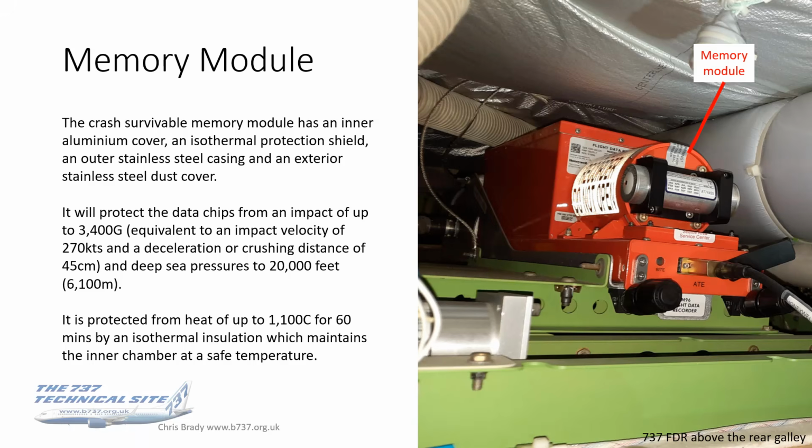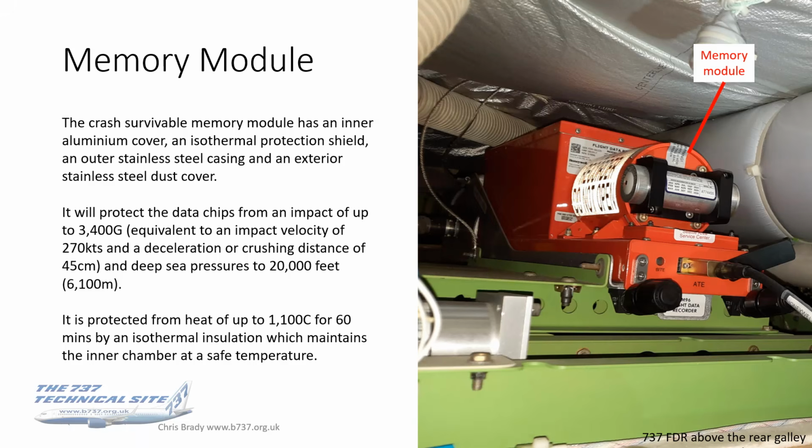The manufacturers of these units say that they'll protect data chips from an impact of up to 3,400 G, which is equivalent to an impact velocity of 270 knots, and a deceleration or crushing distance of 45 centimeters. And deep sea pressures down to 20,000 feet, which is just over 6,000 meters.